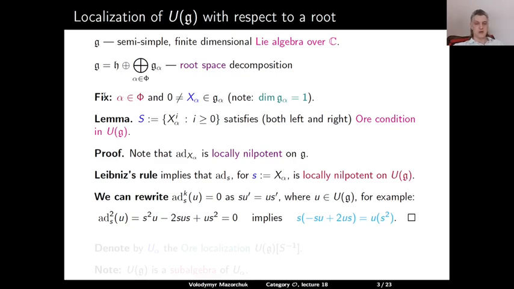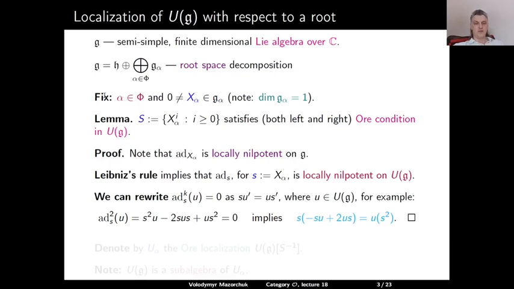So how this works is best seen on an example. Assume that the second power of ad s applied to u is 0. So the second power of ad s applied to u is s squared u minus 2 s u s plus u s squared, and this is equal to 0.